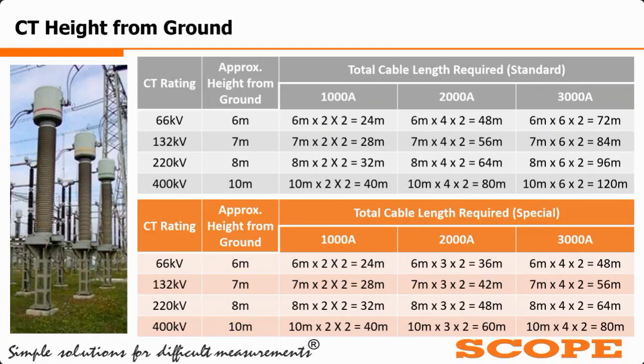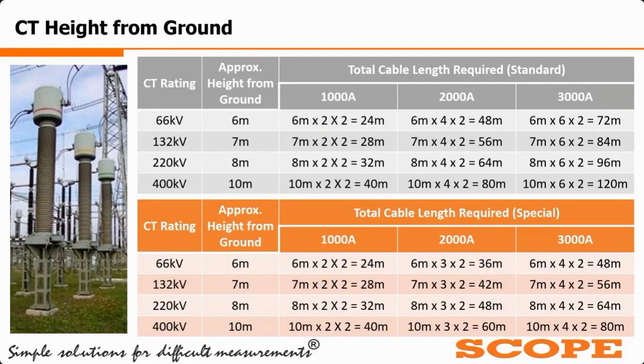That is, 2 cables to connect from the loading unit to the primary P1 side, and 2 cables to connect from primary P2 to the loading unit. So for that, 6 meter into 2 into 2, that is 24 meter cable we require for 1000 ampere injection.